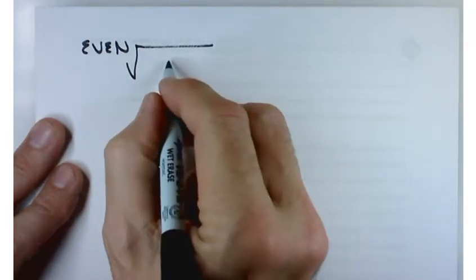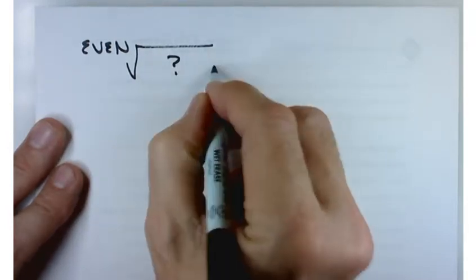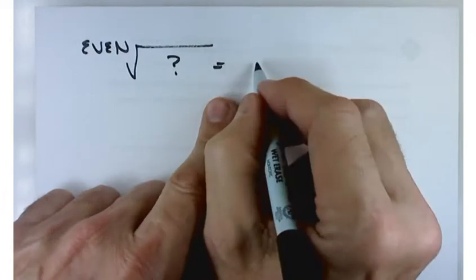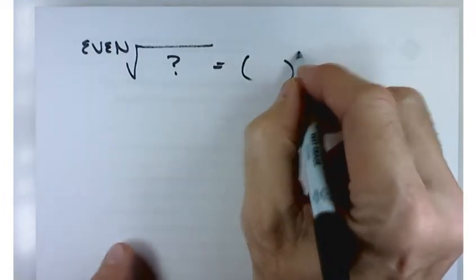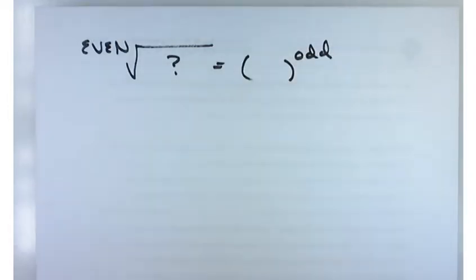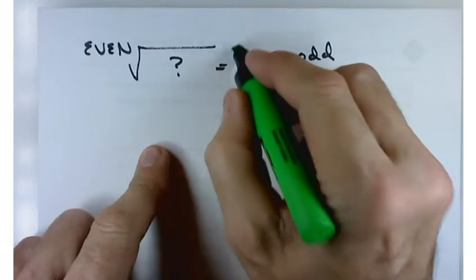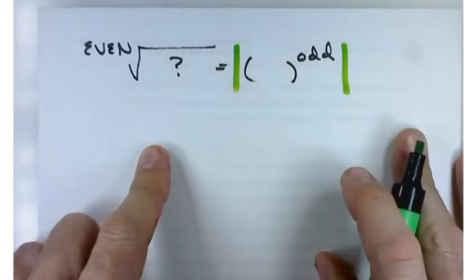But if you have an even root of whatever that results in an expression to an odd power, that's when you're going to need the absolute value.